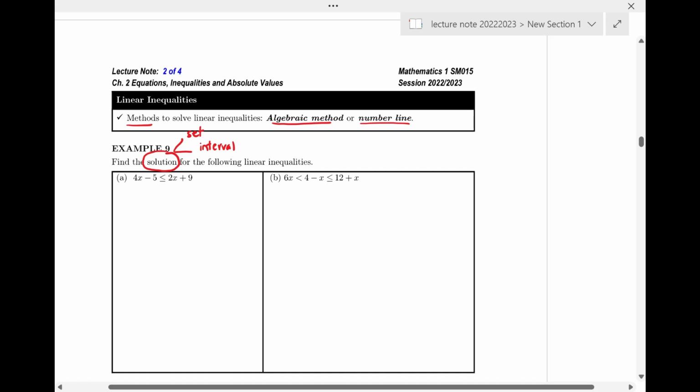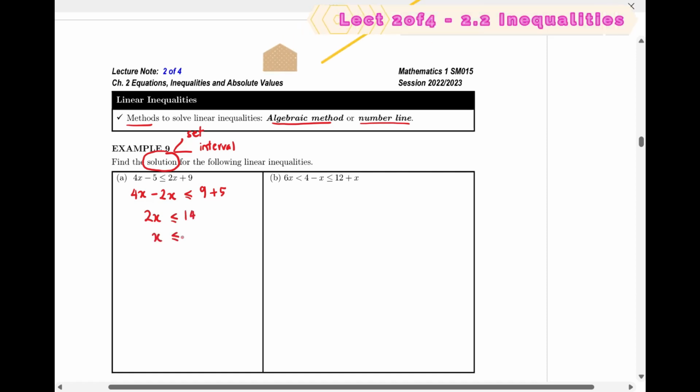We just need to gather the terms with x on one side and the ones without on the other side. I put 4x minus 2x on the left, and without changing the symbol, I bring the 5 to the other side, so 9 plus 5. I will have 2x less than or equal to 14, and then x is less than or equal to 7.